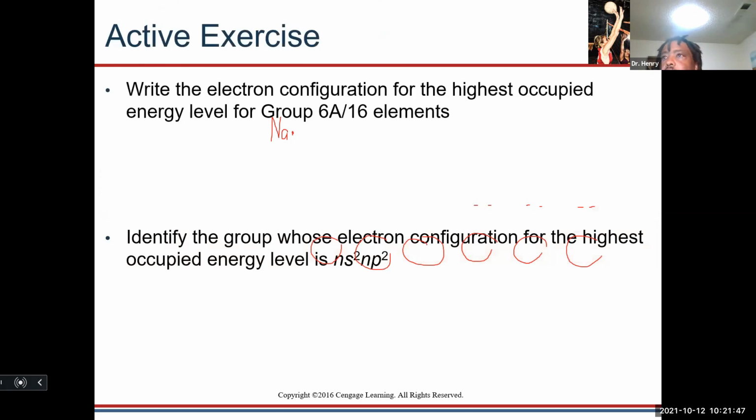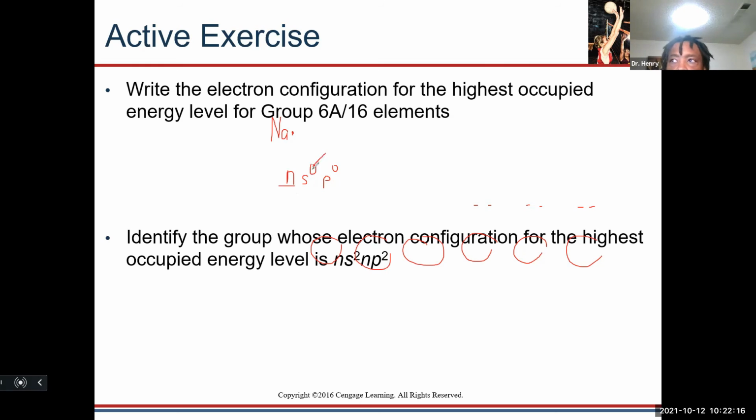Okay, it says write the electron configuration for the highest occupied energy level for group 16. And what they want you to do is they want you to basically say n, meaning your period, s, and they want you to figure out how many s's and how many p's are in group 16.